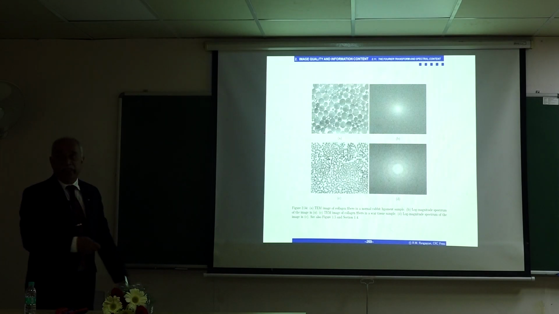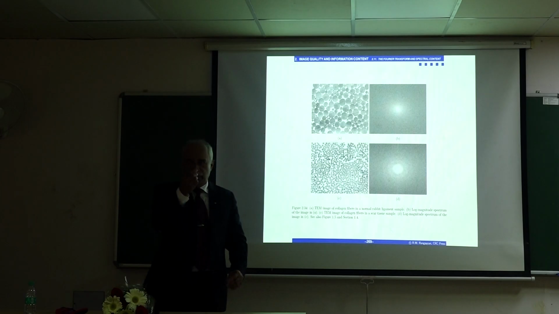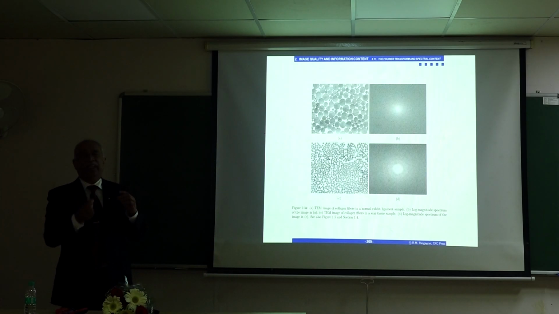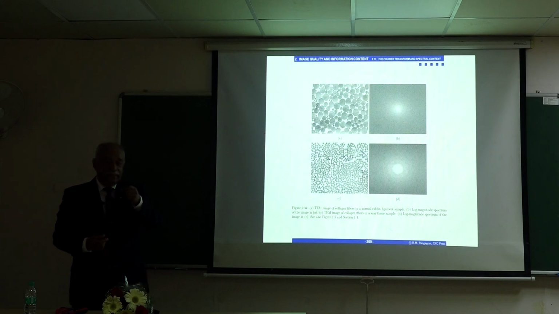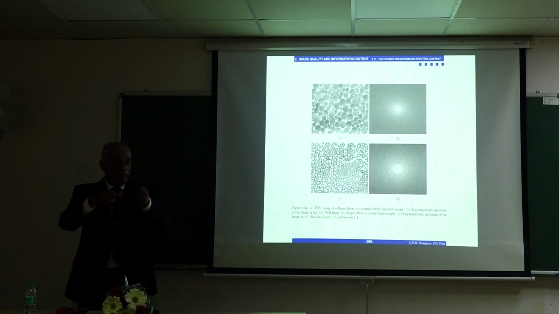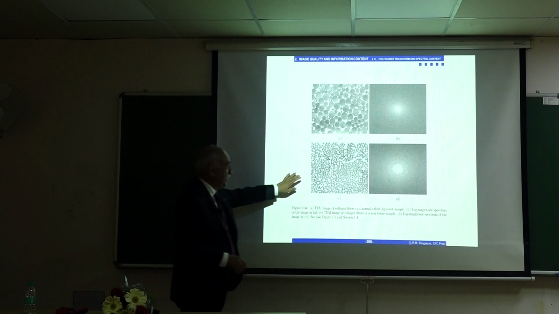I showed this image earlier. This is in the knee joint, we have ligaments connecting the bones. And one of my projects was on the analysis of the structure of the collagen fibers. So collagen fibers run along the length of the ligament. And in this image, a cross-sectional slice was taken, and this is transmission electron microscopy.